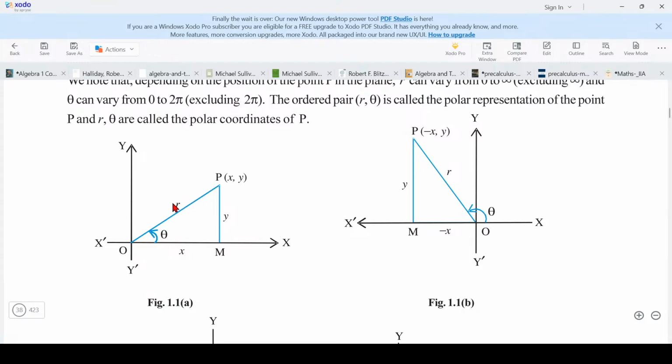If given distance and angle, obviously there is only one point, right? If you are given only the angle, it could be any point on this line. If you are given only the distance, it could be any point on the circle of radius r. But if you are given both angle and distance, it's a single point, which is the intersection of this circle and this straight line.